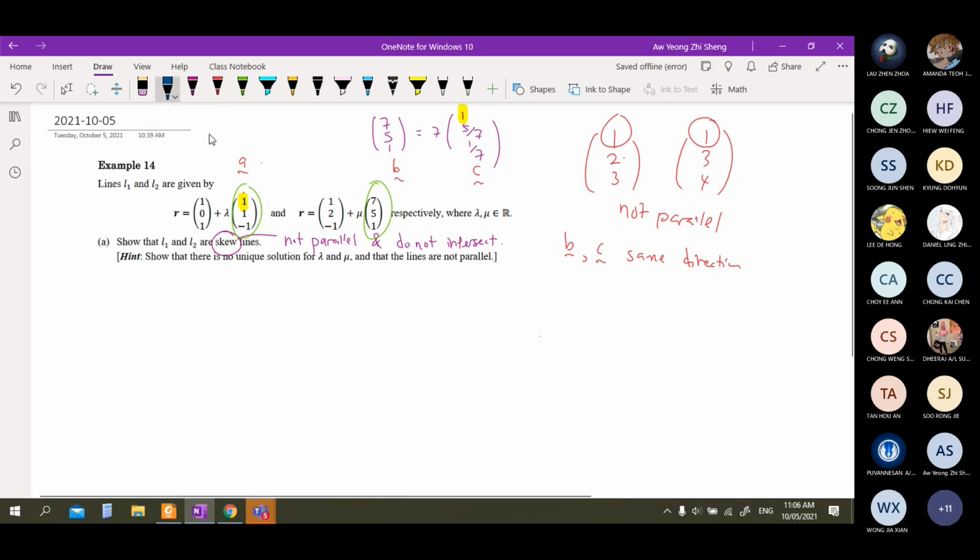The idea is just to make one of the components the same so that you can easily compare. So you can just write 7, 5, 1 is equal to 7 times 1, 5 over 7, 1 over 7. Once you have this, it should be clear already, and you don't really need to say much. Our syllabus doesn't require you to say much.